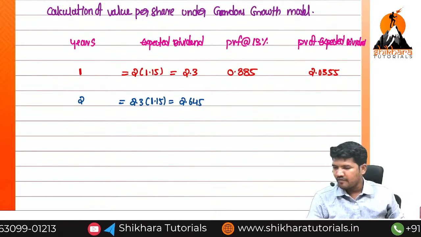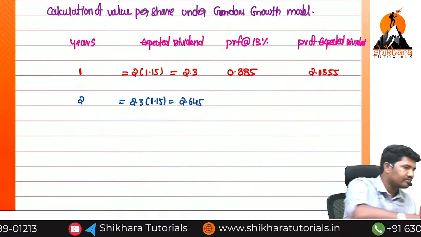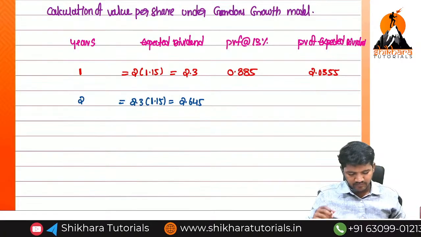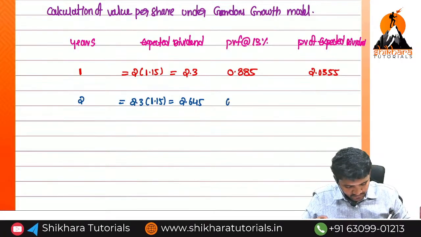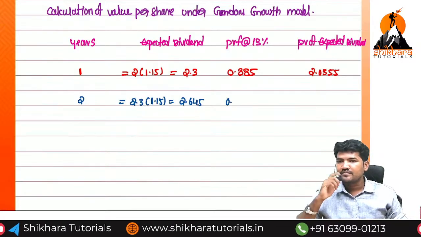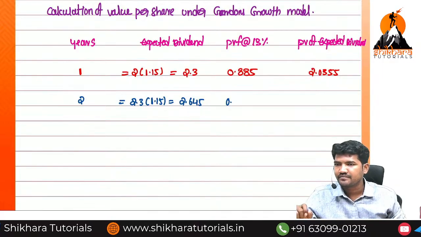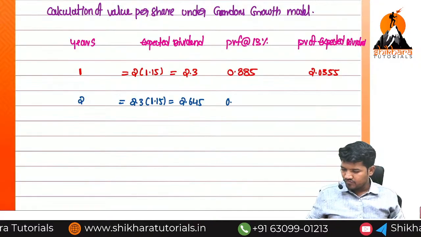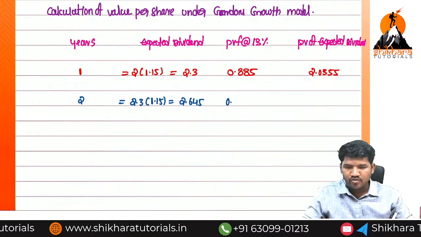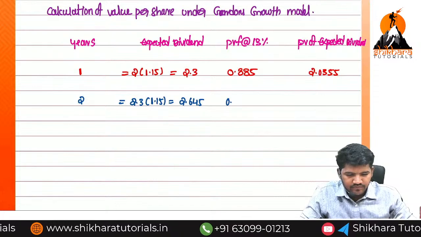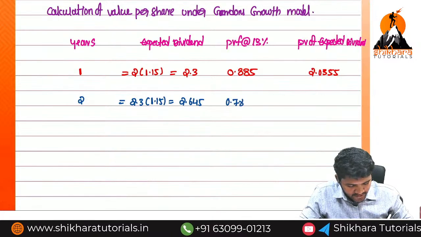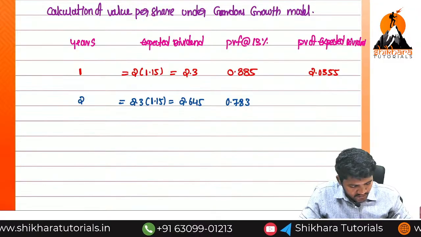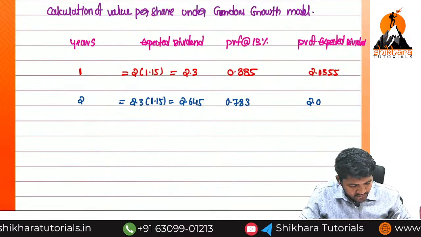So what's the present value factor? 0.783. Now what is the present value of expected dividend? 2.071.